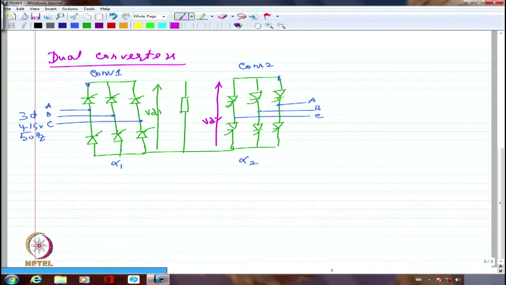In fact, I would have liked to connect these two terminals directly, but instantaneous voltages could be slightly different, like what we spoke about in DC machines, if you may recall, lap winding. When you have several parallel paths, the voltages could be slightly different. So we connect them together using an equalizer ring.